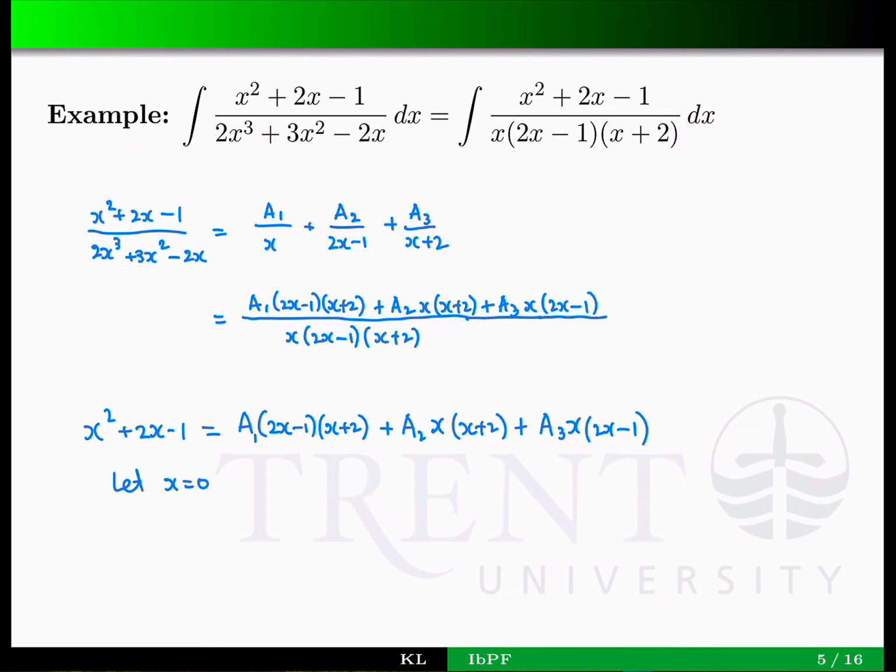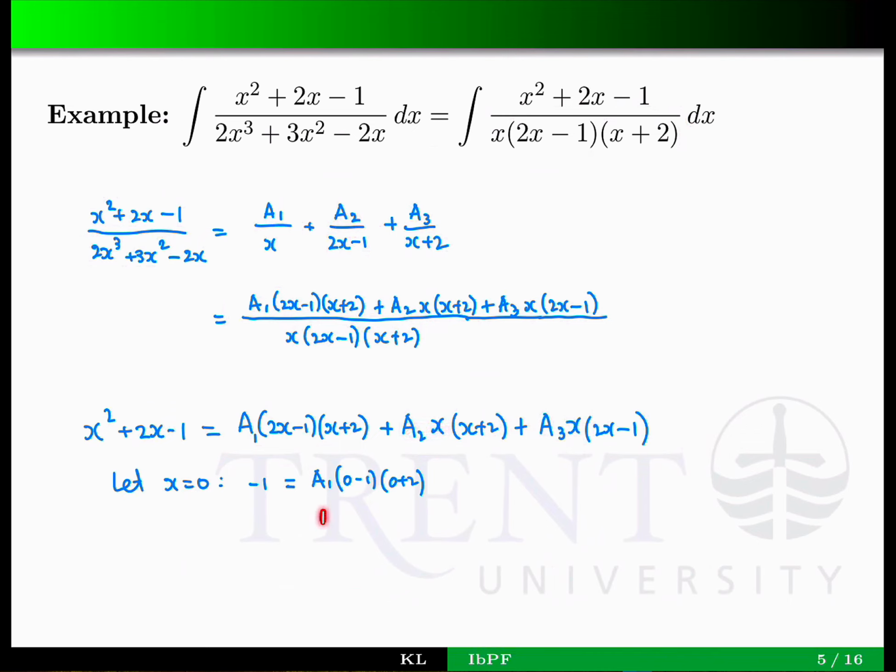If x equals 0, notice that the left-hand side becomes negative 1. The right-hand side is a1 times 0 minus 1 times 0 plus 2. Because there is a factor x here and a factor x here, whatever those other terms are, since they are multiplied by 0, this expression will disappear.